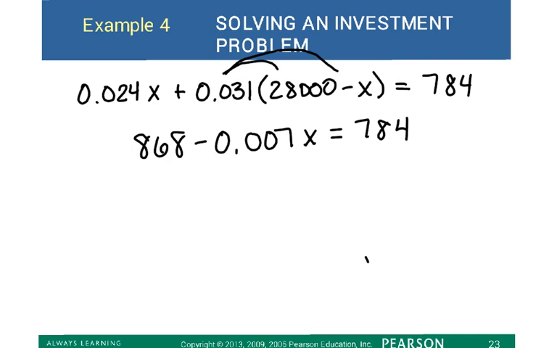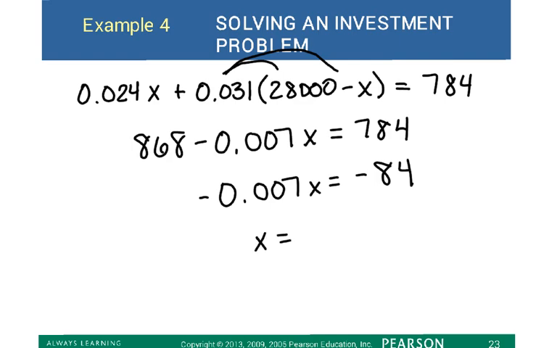Now, subtract the 868 from both sides. Gonna get negative 84. And then divide both sides by the negative 0.007.